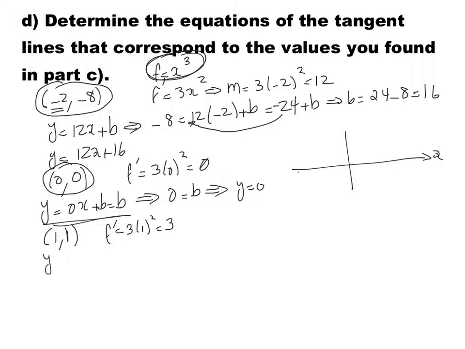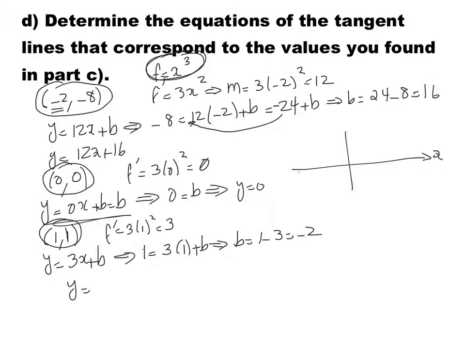So the equation becomes y equal to 3x plus b. But since it goes through this point, I can say 1 is equal to 3 times 1 plus b. So b is equal to 1 minus 3, which is negative 2. So y is equal to 3x minus 2.